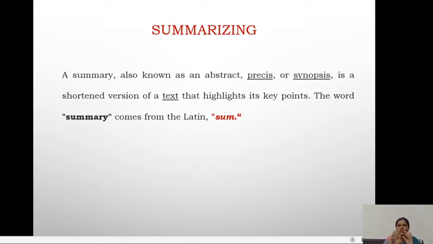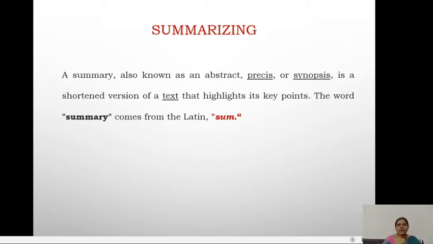To make it one third, we eliminate the additional information, the examples or the illustrations that were quoted in the original text, and we try to focus only on the main point that the author is trying to tell the reader.